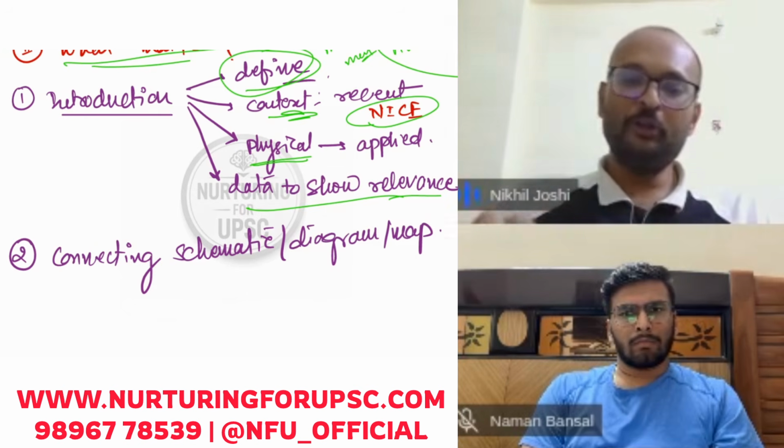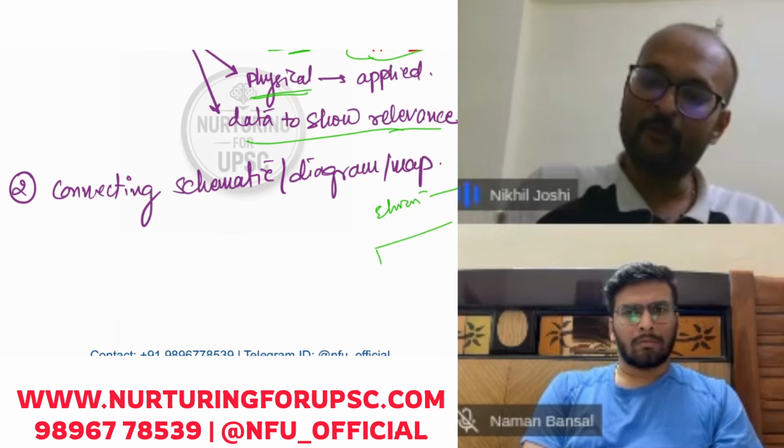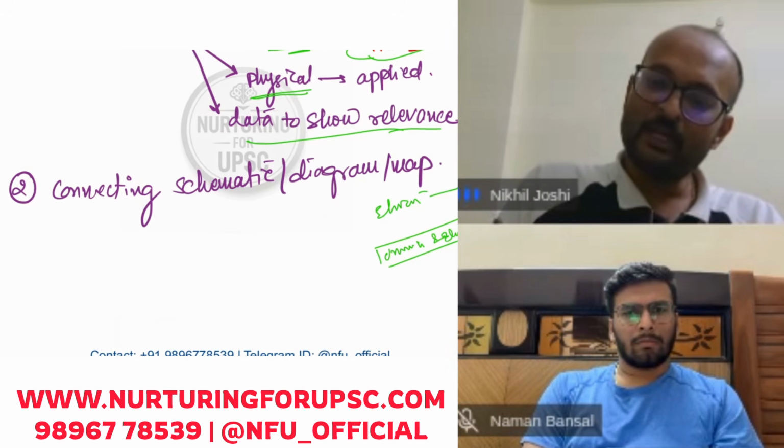So what you would do is say define El Nino, and then your subhead would be unusual climatic happenings and El Nino, and you would go on to write 1, 2, 3 points, etc.